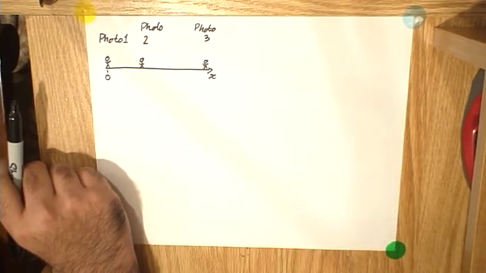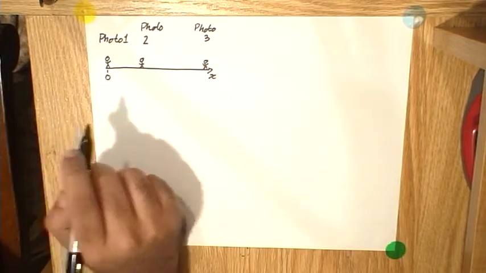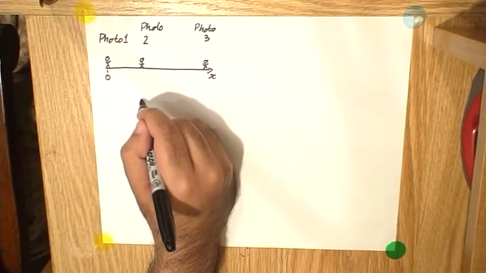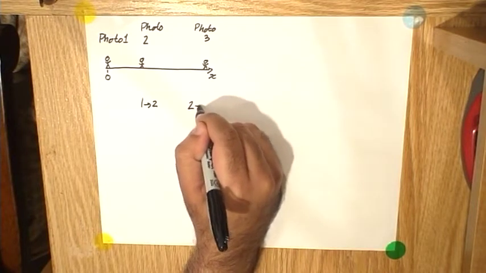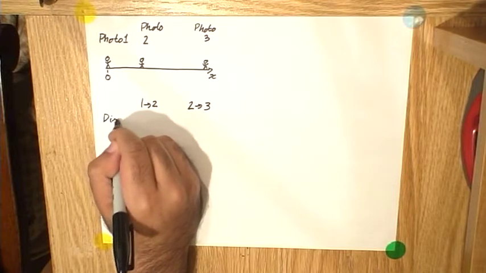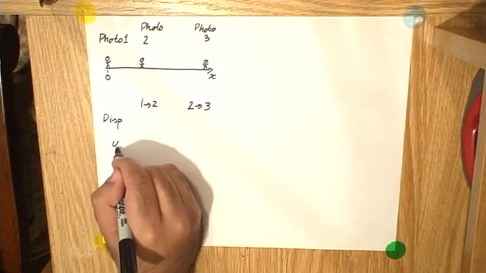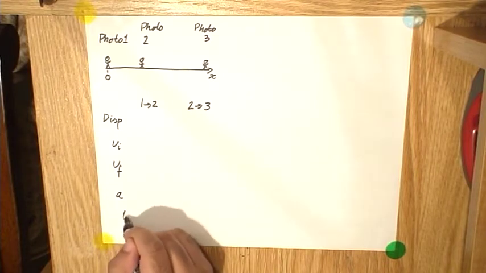So that means we need 2 different sets of toolbox equations to solve them out. So in region 1 to 2 versus region 2 to 3, we're going to have to work with the displacement, the initial velocity, the final velocity, acceleration, and the time.